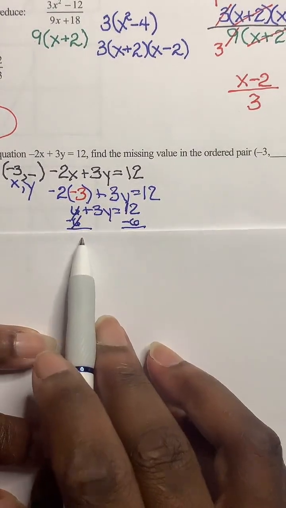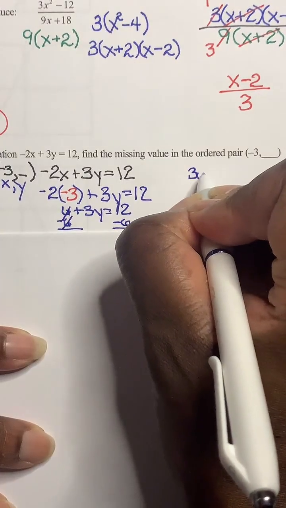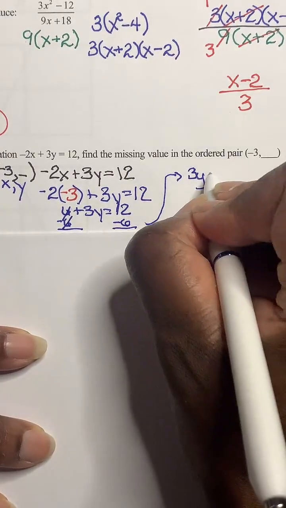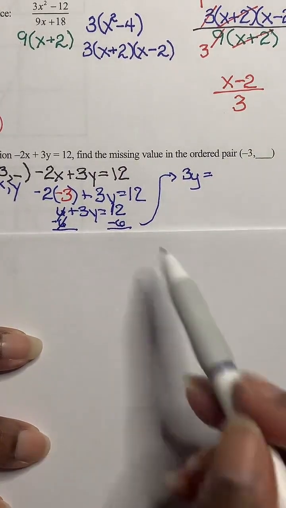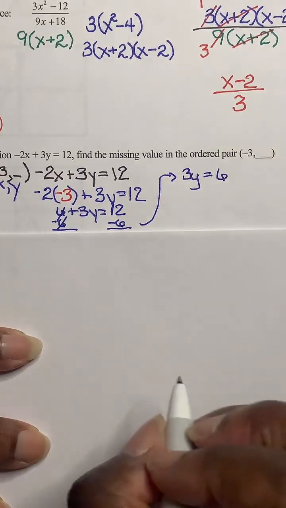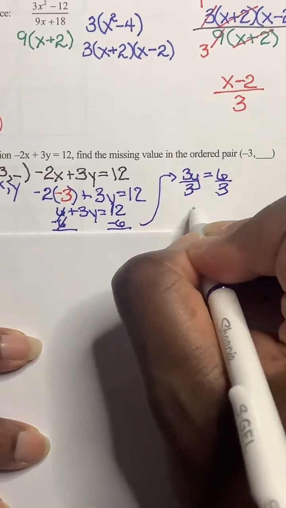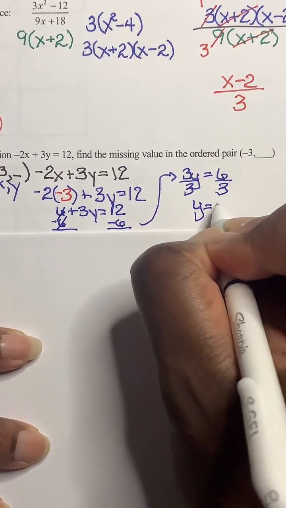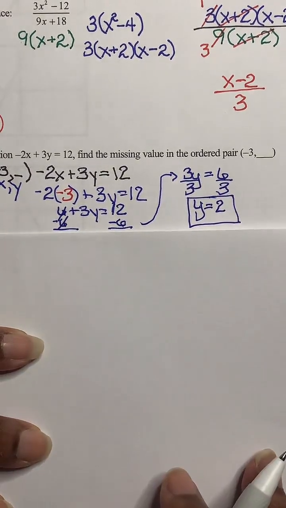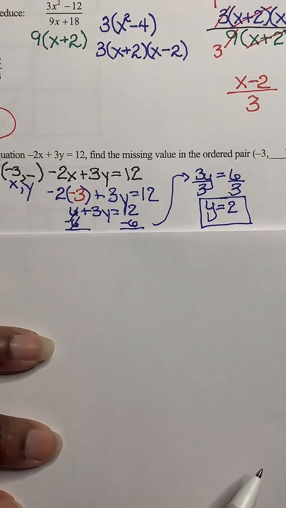I don't need to put the 0 as a placeholder because I still have that 3y. And then 12 minus 6 gives me 6. Then if you divide both sides by 3, your y is going to be +2. So your answer choice was D.